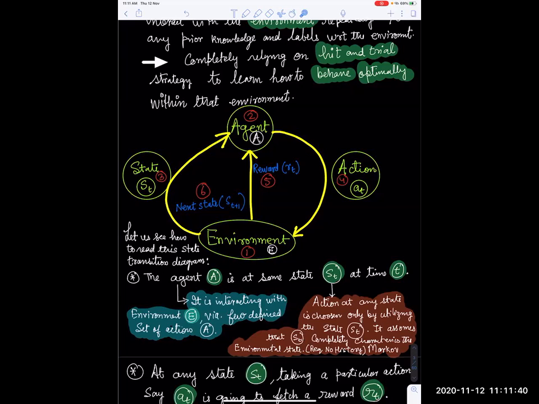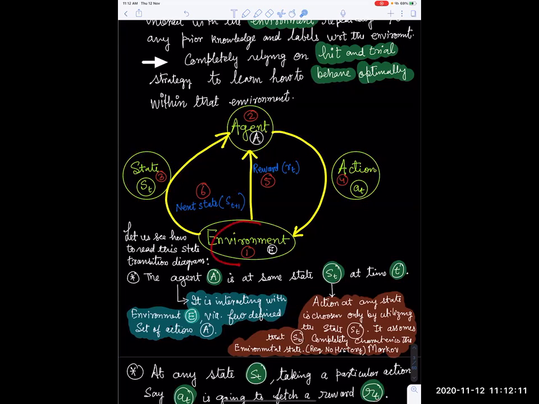So the first thing is that we just go with this numbering 1 2 3 4. There is some environment, and there is an agent. As soon as this agent gets initiated, the environment is going to give it a state. So your agent is going to be in a particular state, say ST, and at this state the agent takes an action AT.